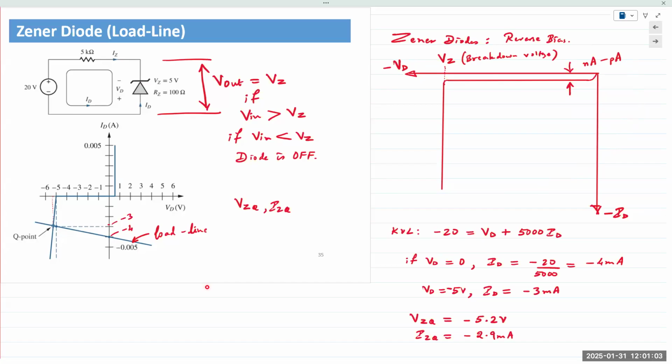Whatever positive current you get through there, let's say 1 milliamp through the Zener diode, so IZ is 1 milliamp, it's still plotted in the third quadrant. So we plot IZ as minus 1 milliamp, or basically this way. Think on that, and then we'll continue this discussion on Monday.